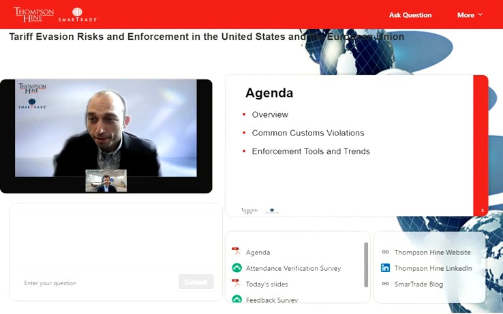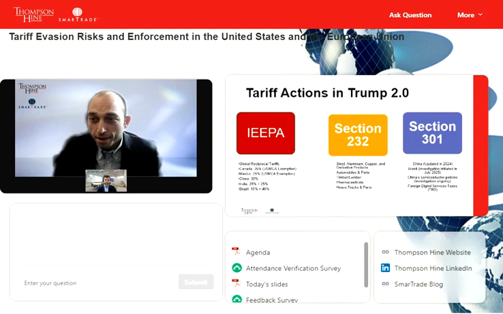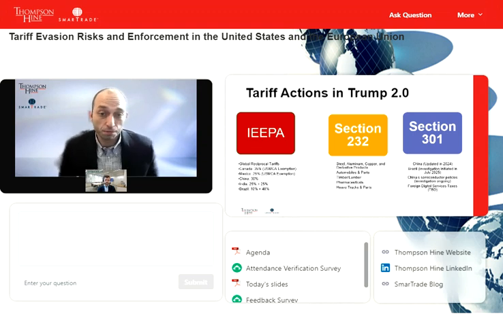In this first slide to kick things off, you see various tariff actions taken by the Trump administration since taking office in January 2025. On the day of the inauguration, President Trump released the America First trade policy memo that detailed various areas that the new administration will focus on in trade policy.